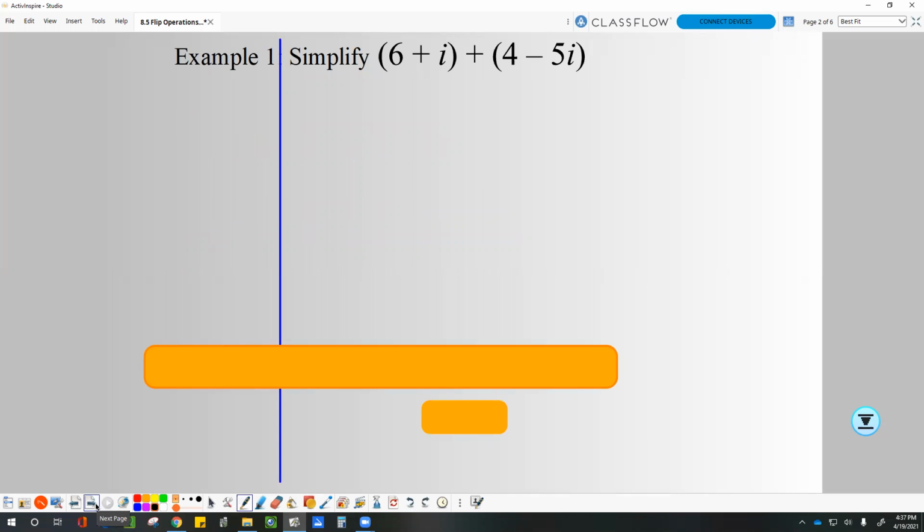Here's an example with adding, and it works like it does for the polynomials. I still combine like terms. The difference is I have a real number term and an imaginary term.